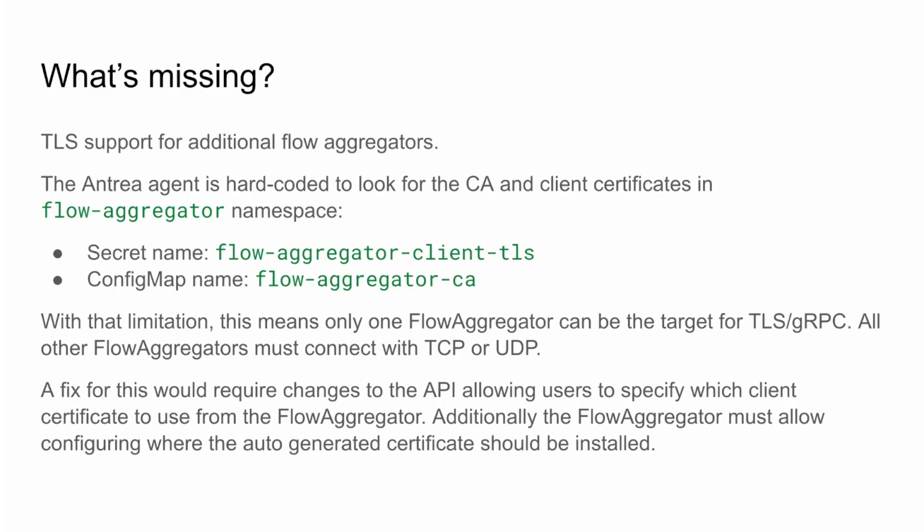So this means that it's not possible for the Antrea agent to use TLS and gRPC to connect to two distinct flow aggregators.